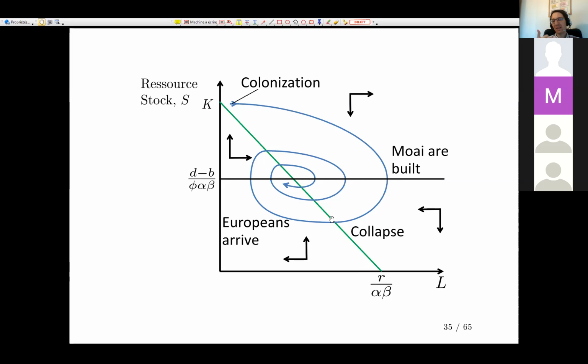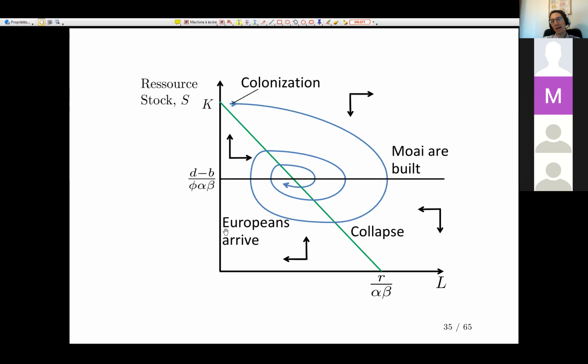Second of all, he introduced a tipping point. A tipping point is a resource value under which the resource stock is always going to decrease. So here you see that if we are on the left side of this green curve, then the dynamic of the stock is to always increase.